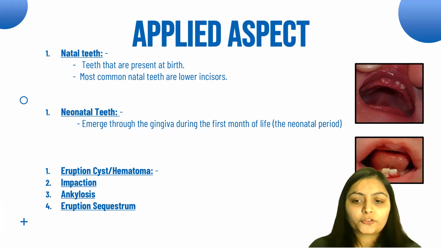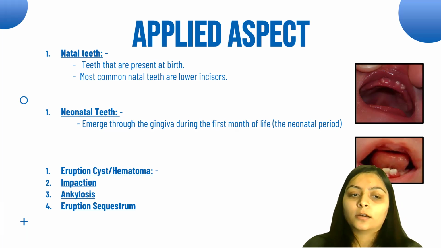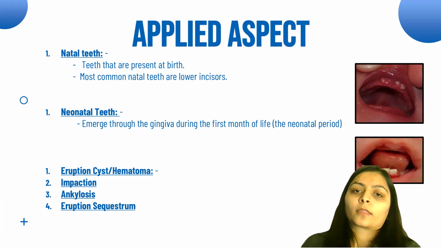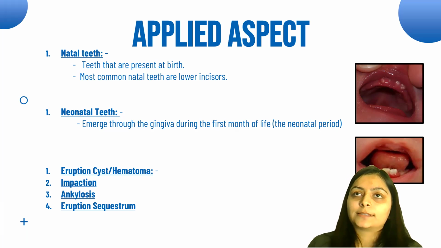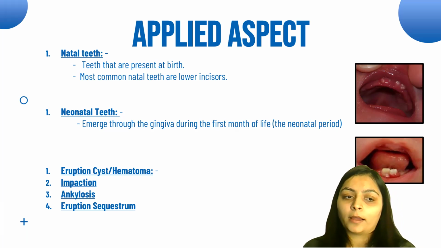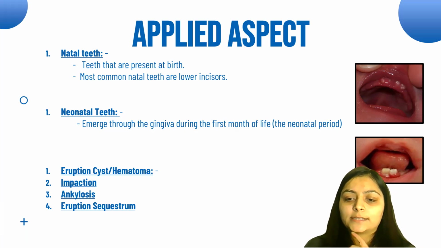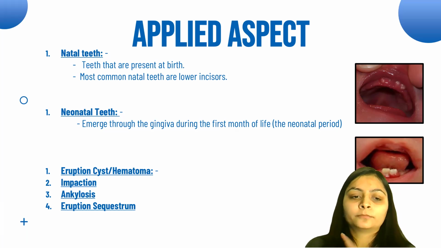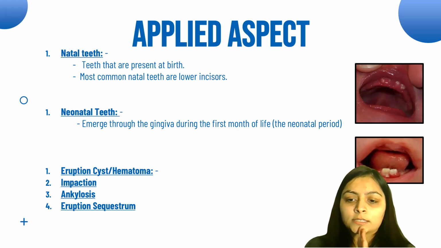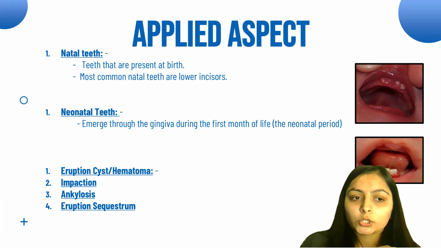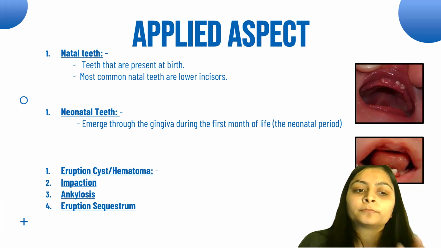At the time of eruption of the developing tooth, it forms a cyst-like lesion on the gum pad where a tooth is supposed to erupt, or else a bluish discoloration like a hematoma, due to trauma to the gum. If there is insufficient force of eruption, it can also result in impaction of the developing tooth.